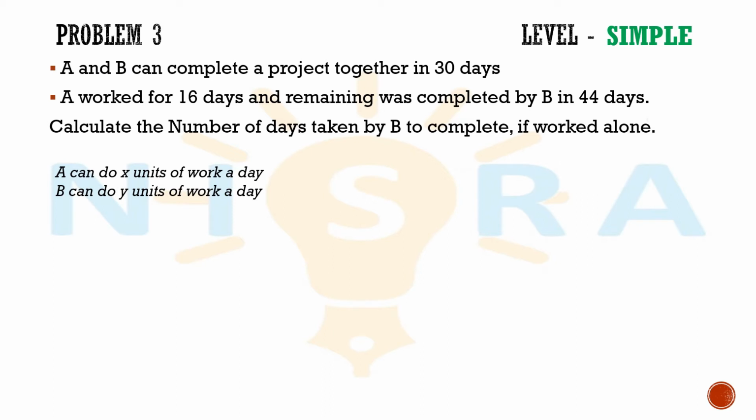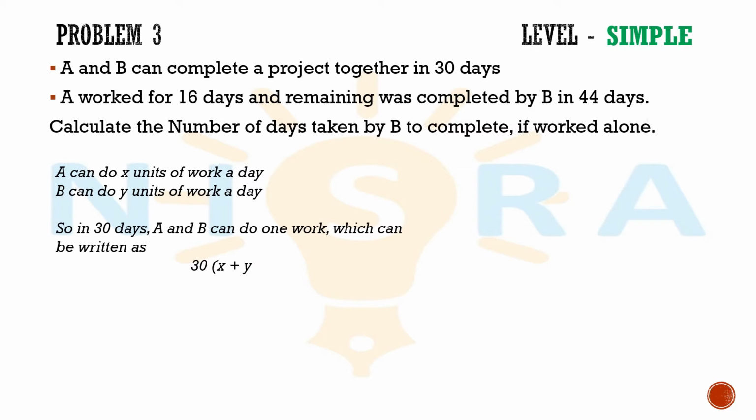Based on the first statement in our problem, we can conclude in 30 days A and B can do one work, which can be written as 30 multiplied by x plus y equal to 1, which can be written as 30x plus 30y equal to 1.